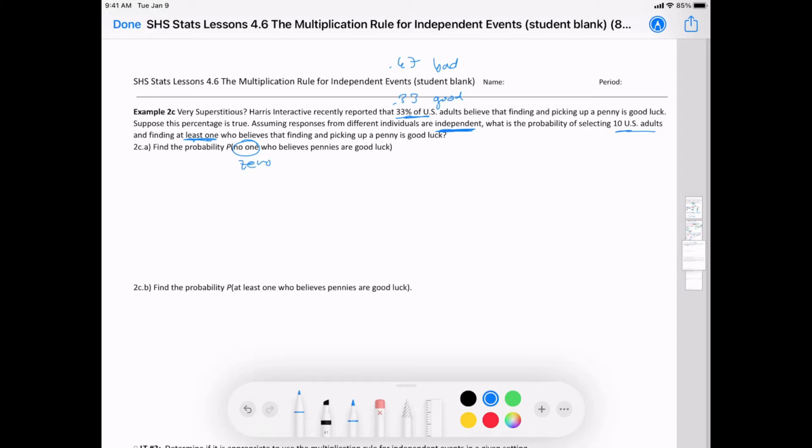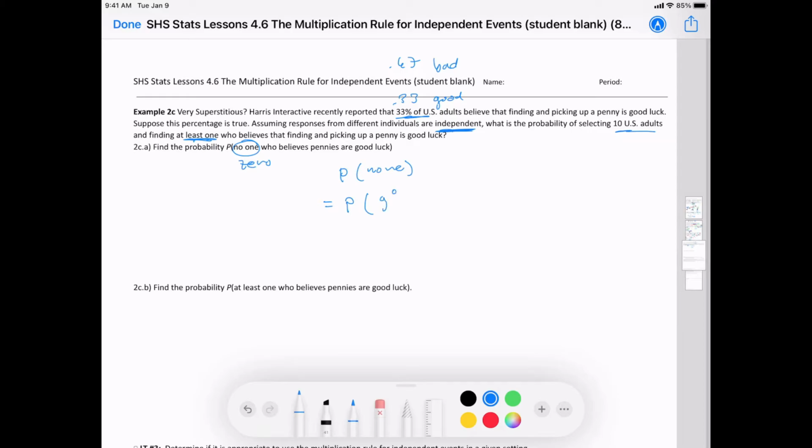So, the probability of no one or none is the probability of how many goods.